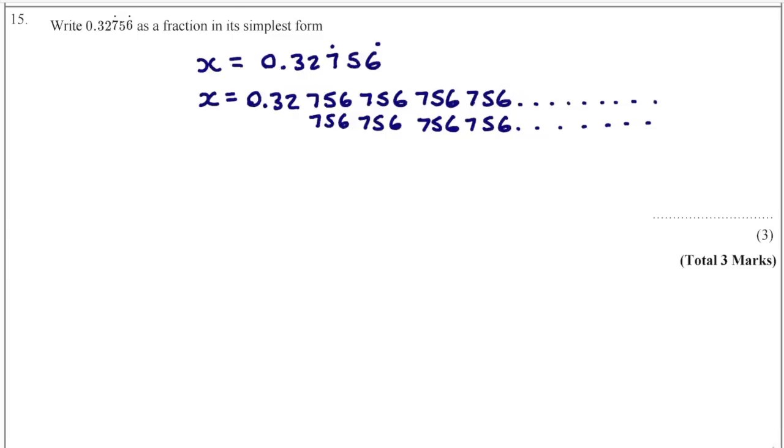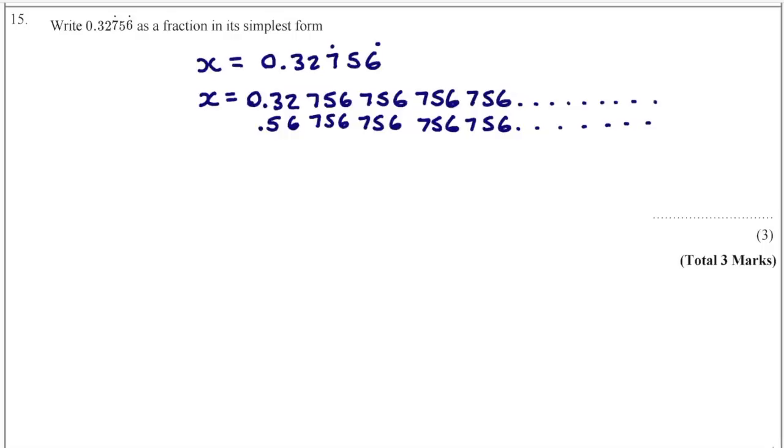If I work backwards, that means this number would have to be a 6 and this number would have to be a 5, and then the decimal point goes before the 5. What would I have to multiply x by in order to get that result? At the moment, we've got x equals 0.327, and then the 56756, which recurs afterwards.